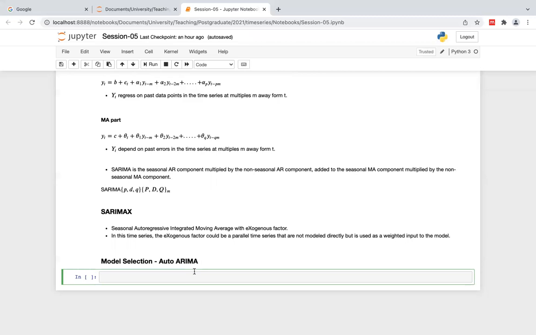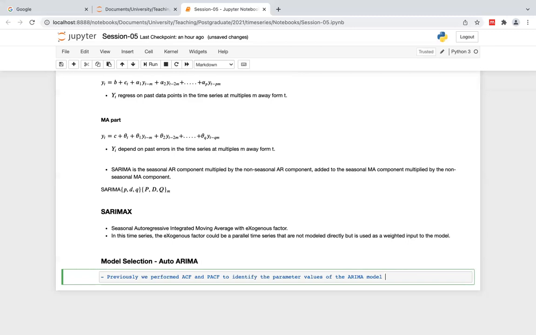Previously, we performed ACF and PACF to identify the parameter values of the ARIMA model.